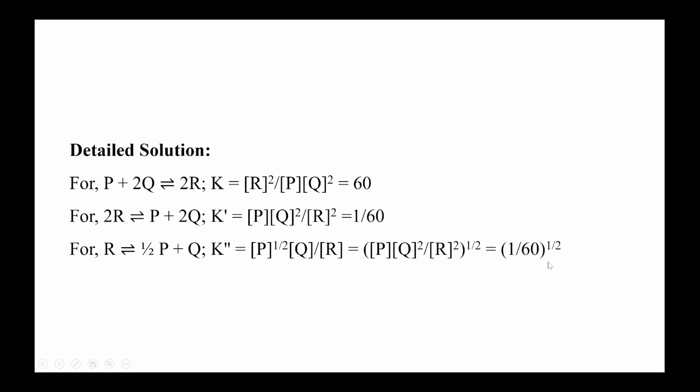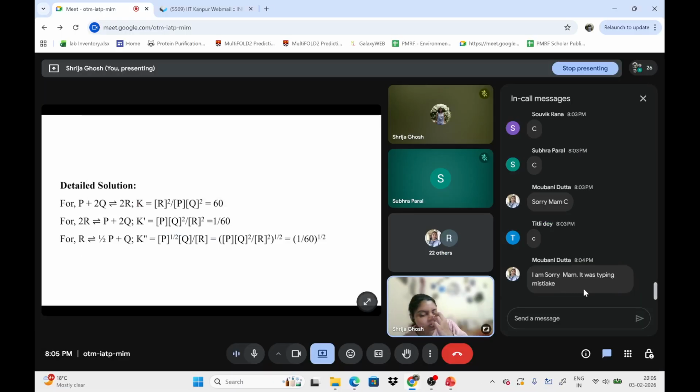So 1 by 60 raised to the power of 1 by 2, or the square root of 1 by 60. So option C is the correct answer.